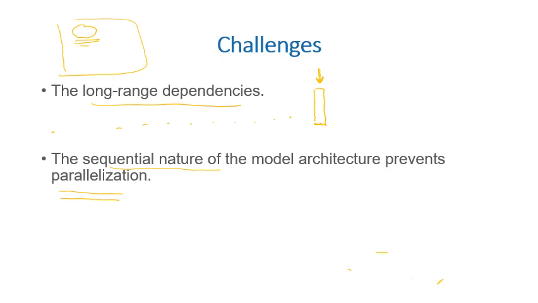I have a TPU, and the TPU needs to do everything in parallel. But the nature of my model doesn't let me do so. There are other problems involved with RNNs, like the problem of vanishing gradient and exploding gradient, which you are familiar with and we addressed in the lecture on RNNs.